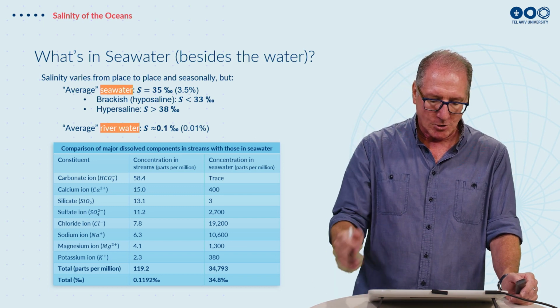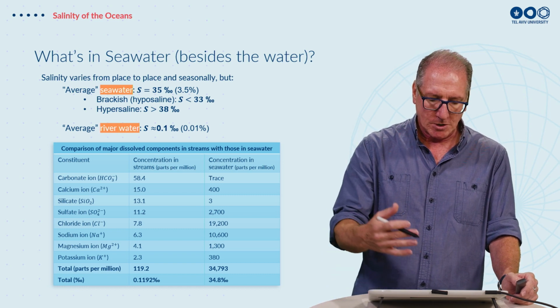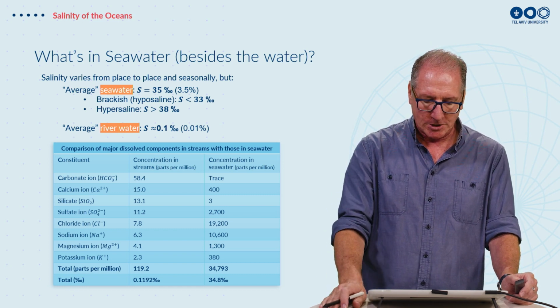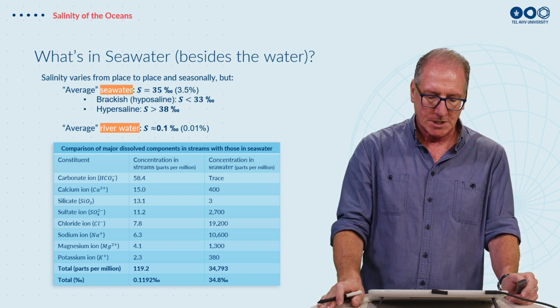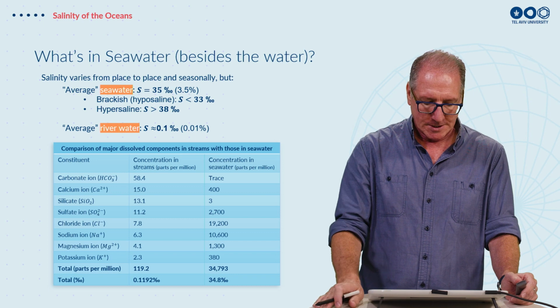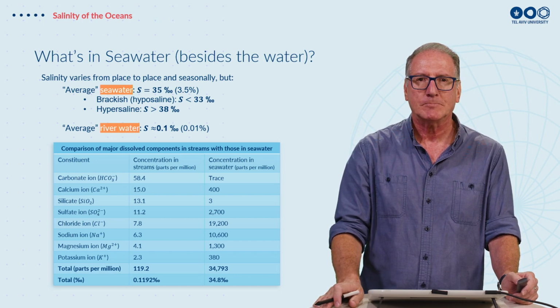And when we add it all up, that's what we get at the bottom, the total salinity. When we look at all of these inorganic compounds, we get 34.8 per mil in the seawater and 0.1192 per mil in the freshwater streams.